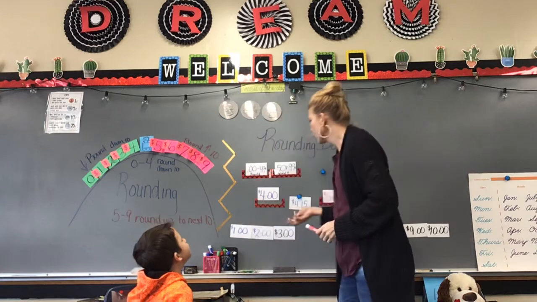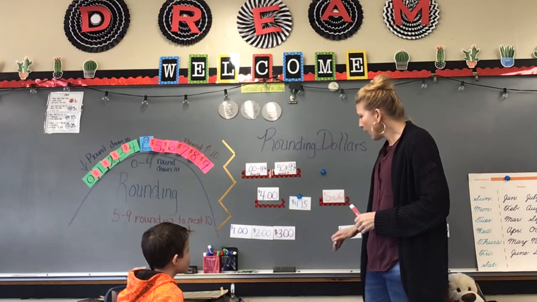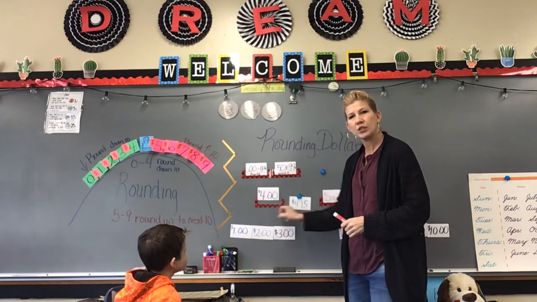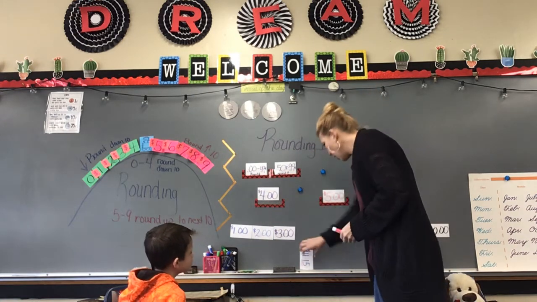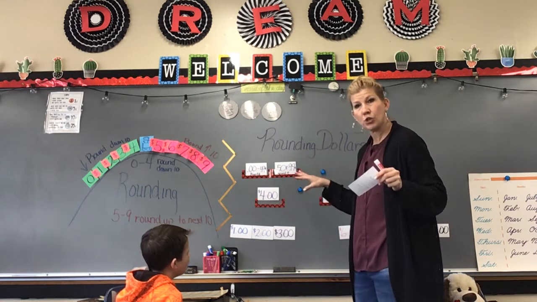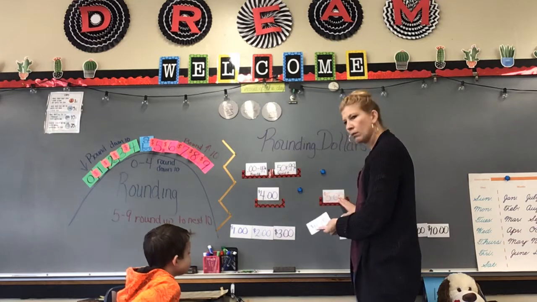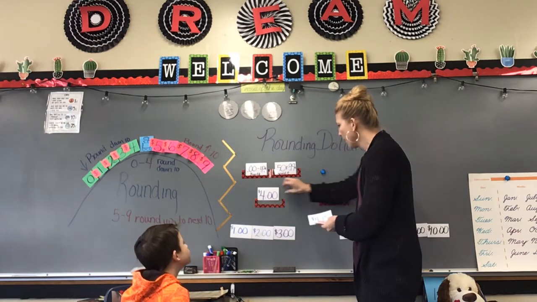You write $4 and $5, but you circle $4 because that's the correct amount. We have to choose because it's only 15 cents away. It's a really long way from $5.